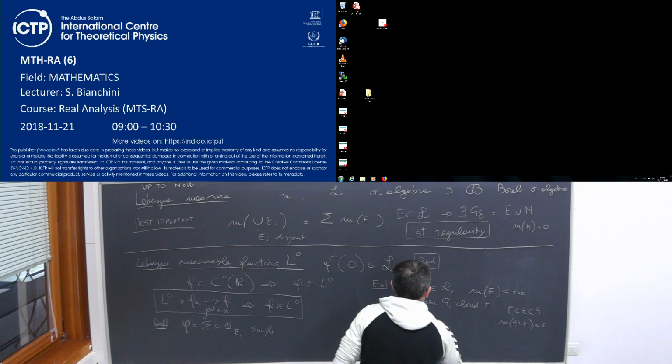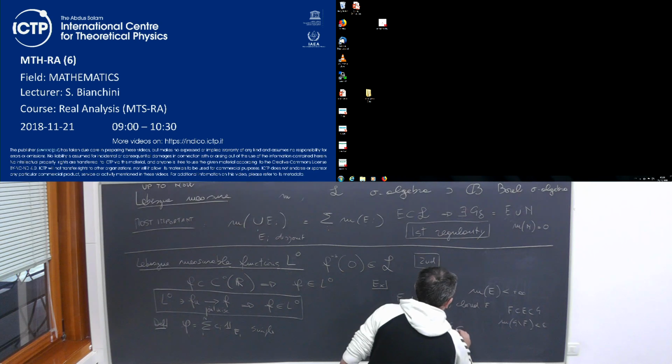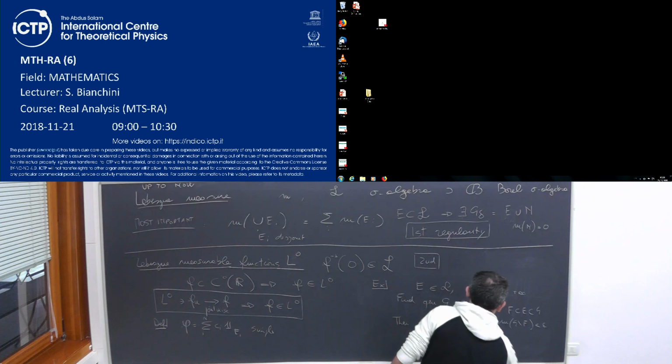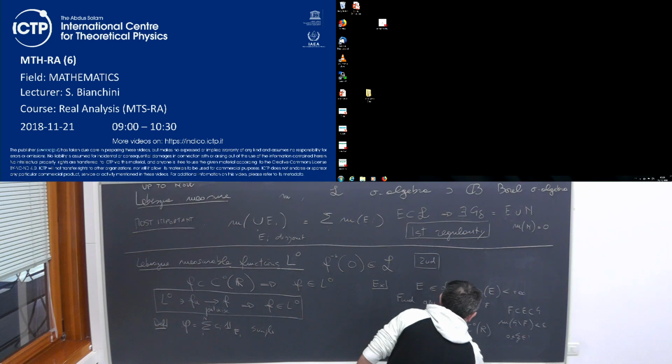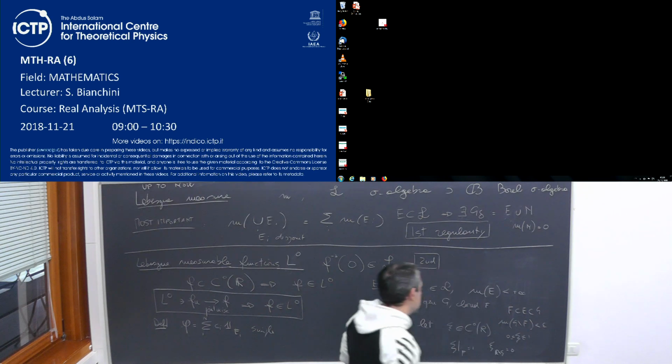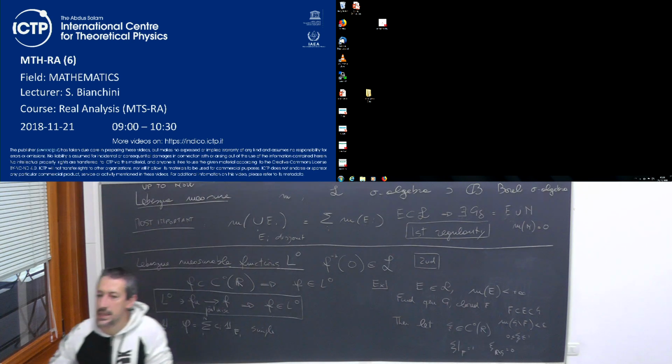Then let psi be a continuous function such that psi is between 0 and 1, and psi on F is equal to 1, psi on R minus G is equal to 0. Can I find a function like that?